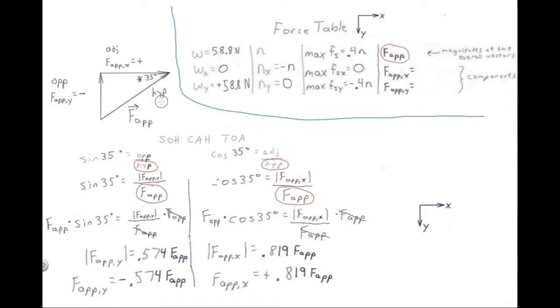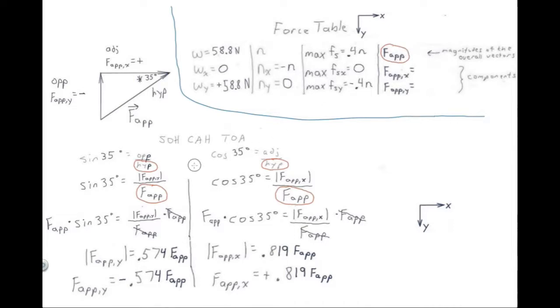The length of the hypotenuse represents the magnitude of the overall applied force. We don't know what the magnitude of the applied force is, but that won't prevent us from breaking the applied force into components. We've already indicated in the first row of our force table that we're using the symbol F sub applied, written without an arrow on top, to represent the unknown magnitude of the applied force.